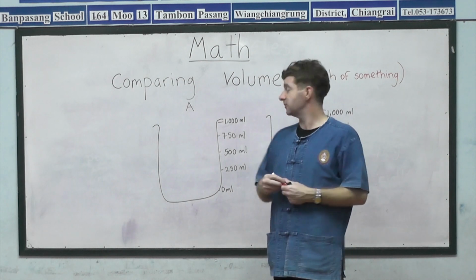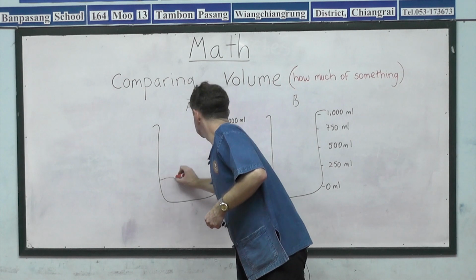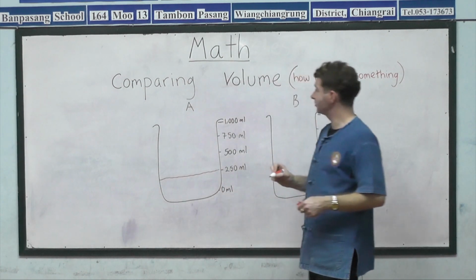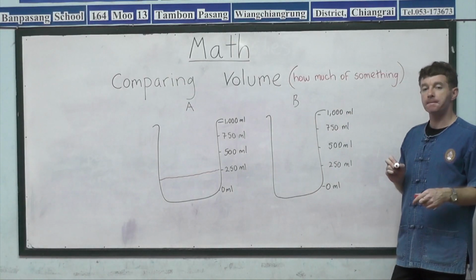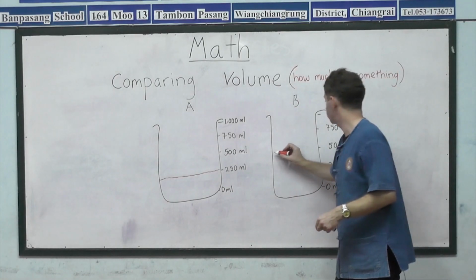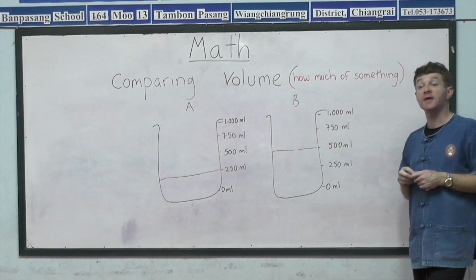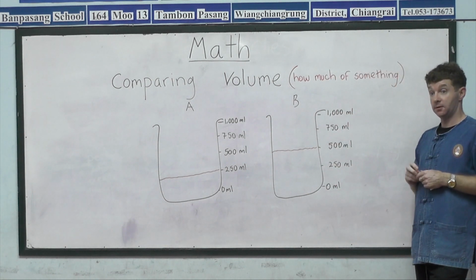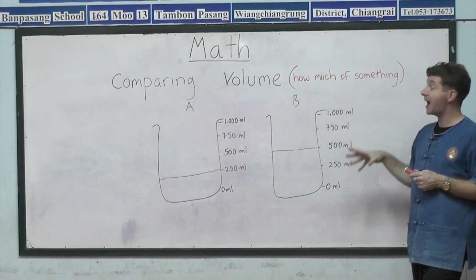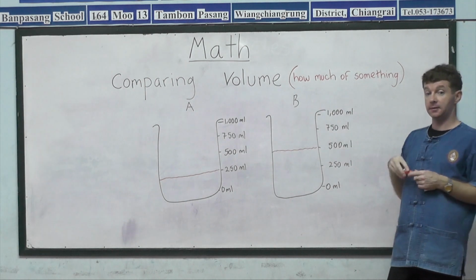So say for instance, container A, what is the volume of container A? 250 milliliters. Excellent. What is the volume of container B? 500 milliliters. So which container has the greater volume, A or B?